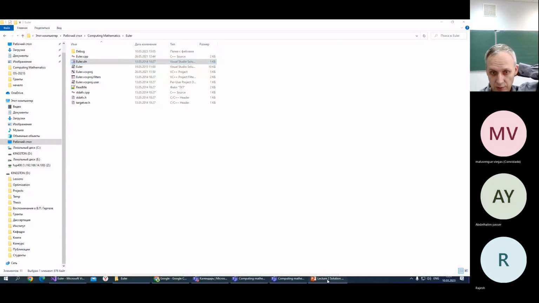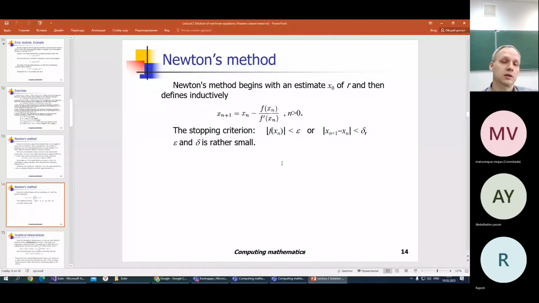Well, in the previous lecture we discussed Newton's method for solving nonlinear equations. On this slide you can see the main formula of the Newton method.